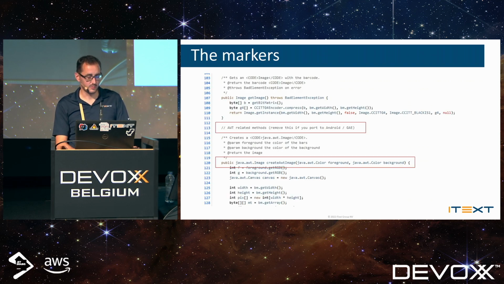So this is an example of the markers. It's basically these AWT related methods. Remove this if you're porting to Android or Google App Engine. And then just to highlight why, here we're using AWT color twice, and AWT image would be a returned object from that. So on Android, on Google App Engine, that is disallowed.